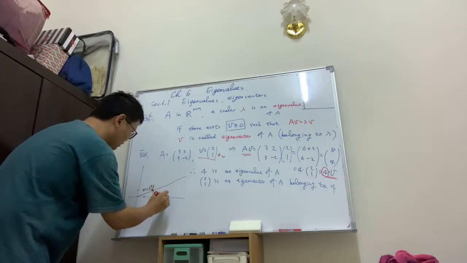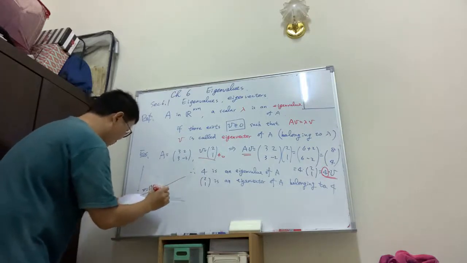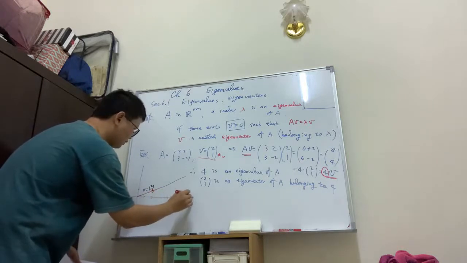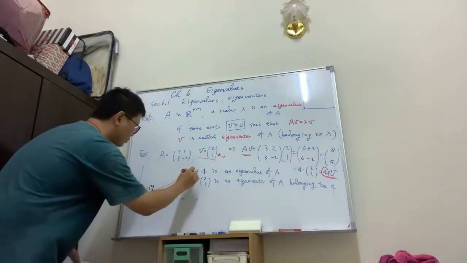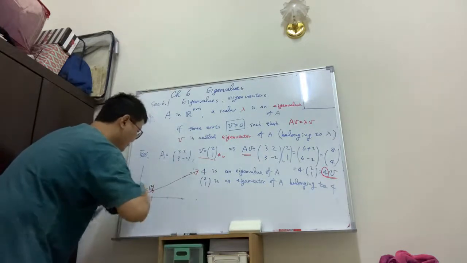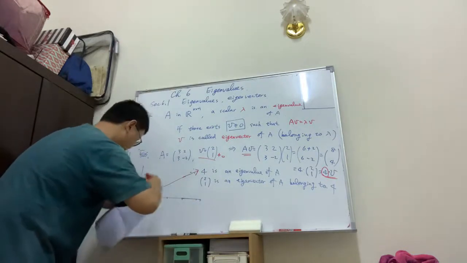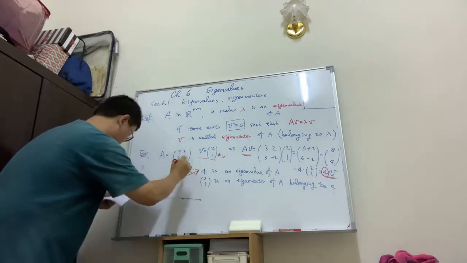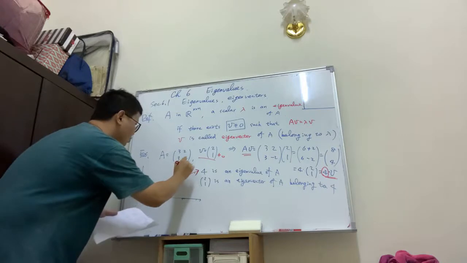So it should be something like this one. This vector is 4 times (2, 1).